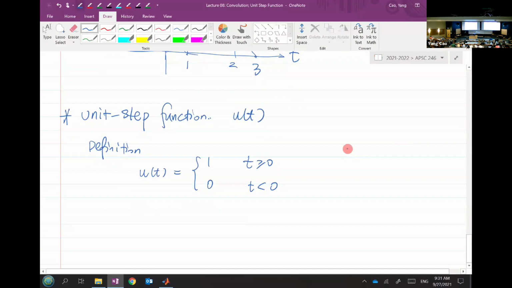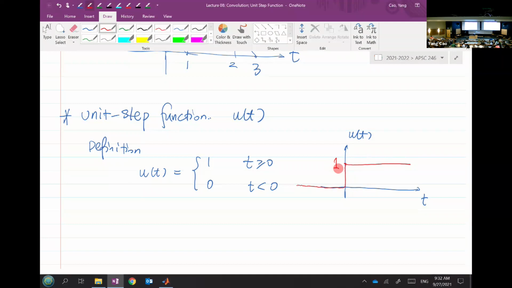And graphically, what it means is 0, 0, 0, and then at the t equal to 0 location, you have a jump, a jump to 1, and then it continues with 1. That's how the name is obtained, a unit step: a step up and maintain at a unit value 1.